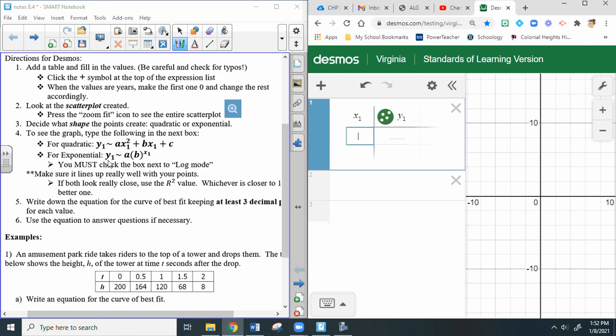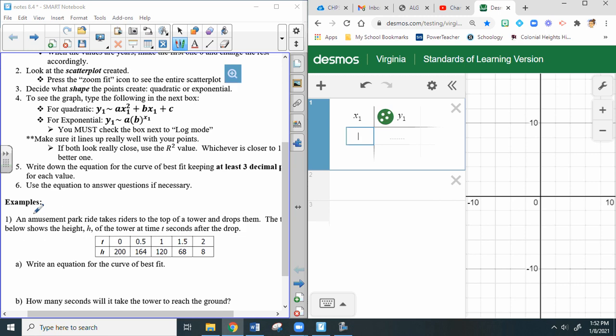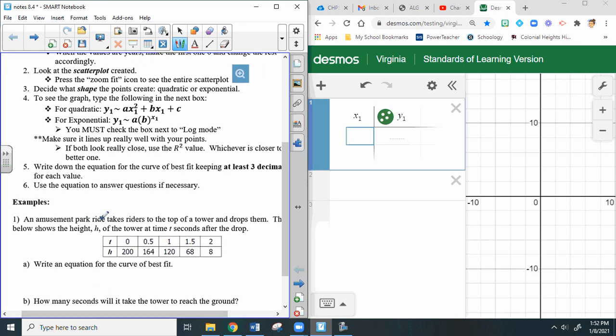So let's fill in a table. Let's go down here and look at number 1. It says an amusement park ride takes riders to the top of a tower and drops them. The table below shows the height h of the tower at time t seconds after the drop.